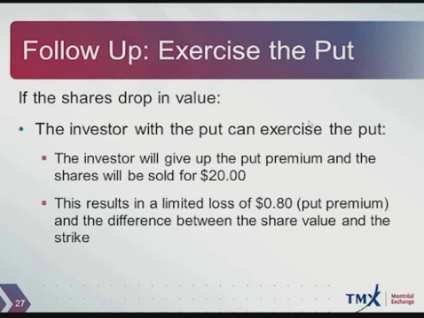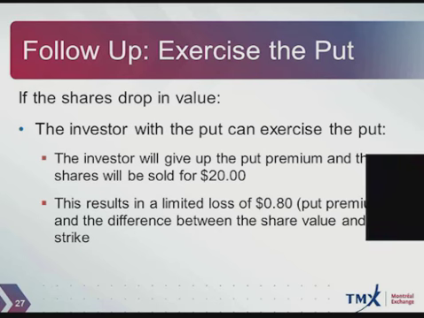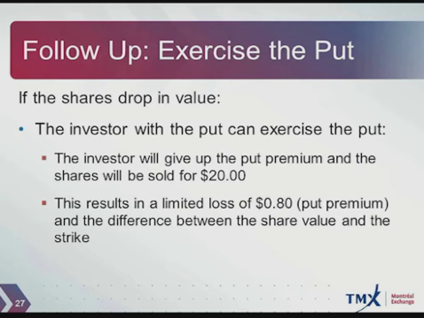So what we've done is we've limited the loss to 80 cents, which is the put premium, and then of course the difference between the share value and the strike. We want to understand that if we bought the shares for higher than the strike price, that also becomes a cost. That's what I look at as the deductible. When we buy car insurance, the more we want to insure ourselves, the higher the premium.